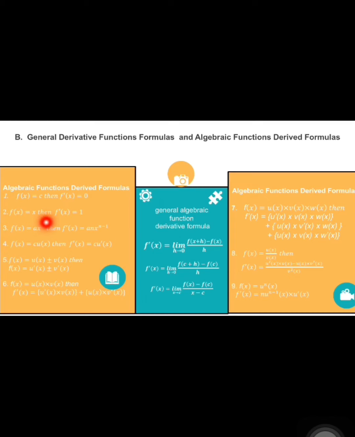We know that whatever is rank 0, the result is 1. Then f prime x equal 1. Number 4. For example, there is a constant c and function u of x. So, if f of x equal c times u of x, the derivative is f prime x equal c times u prime x. Only u of x is derived.